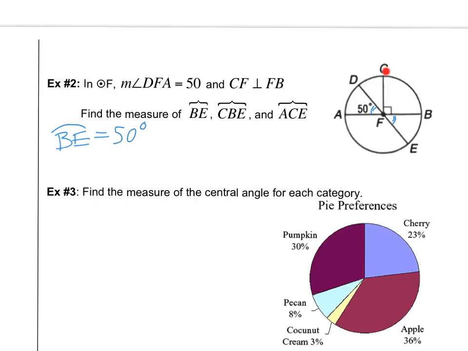Well, CBE, this one is 90 plus this one is 50, so that's 140. So I can say CBE is 140 degrees. Why don't you guys go ahead and try to find ACE? Use what you know about complementary, supplementary angles and find ACE.